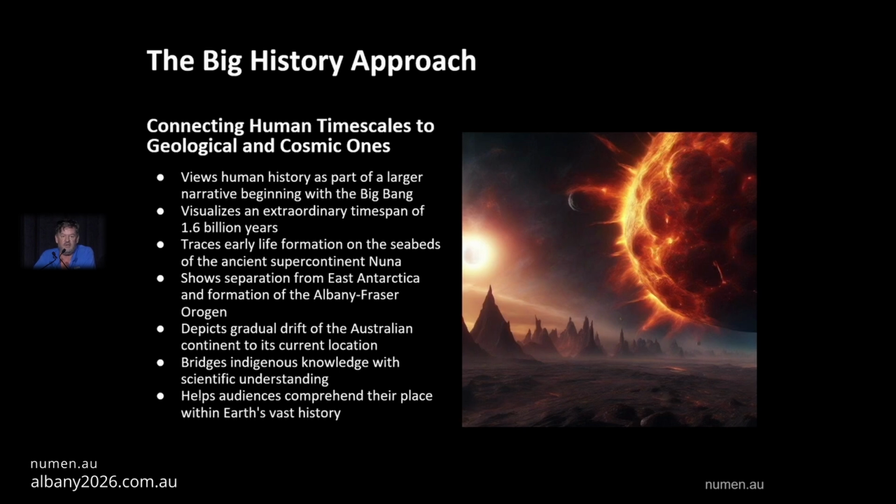So the Yilgarn Craton, which is most of Western Australia, is about 4.5 billion years old, and the oldest traces of surface rocks have been detected in a place called the Jack Hills, which is on the way to the Pilbara. So it's a really interesting ancient landscape.